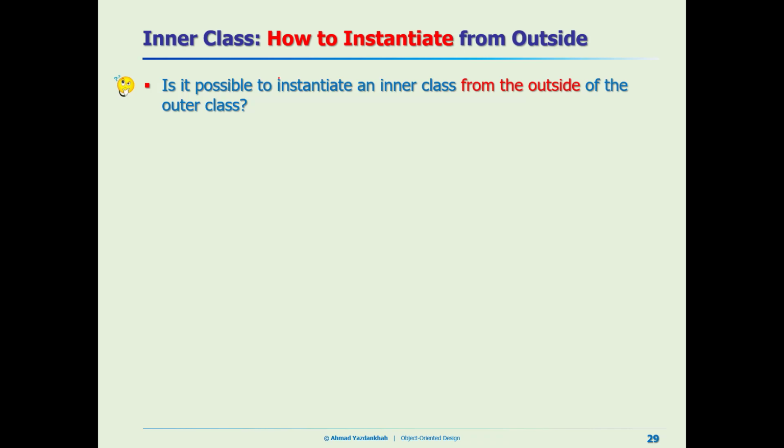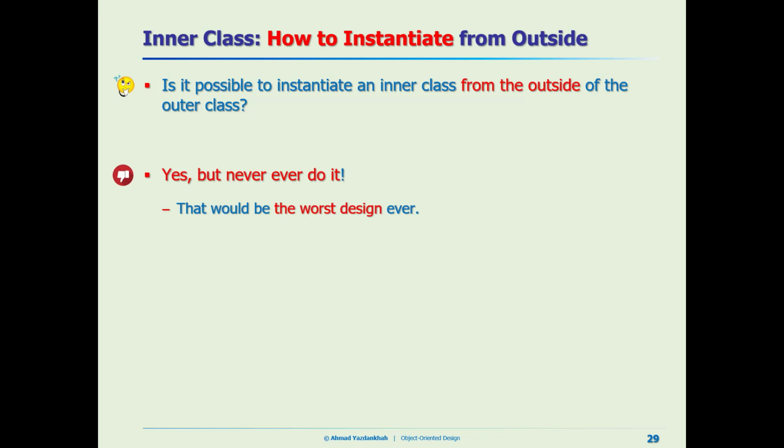Outside of the author class, my author class, in another class. Is it possible? Yeah, it is possible, but you never ever do it. This is really, really the worst design ever. If you need to instantiate an inner class of another class inside your class, just rethink about your design.